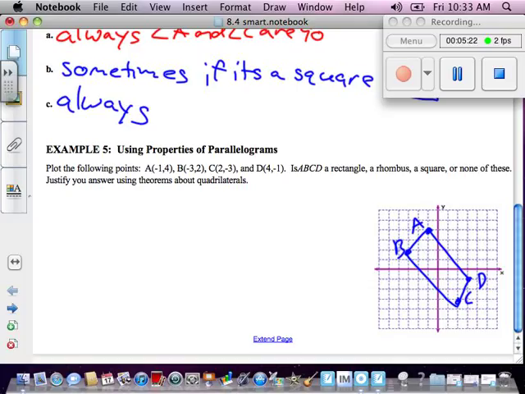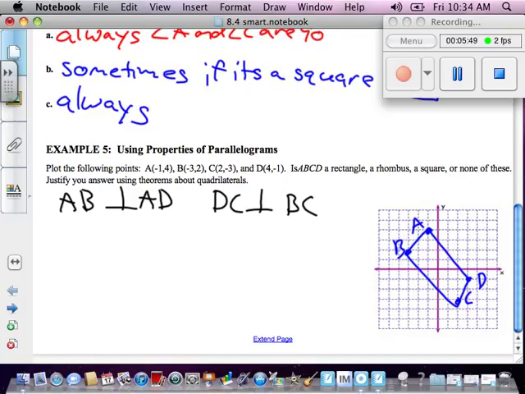You would prove that the sides were perpendicular. So we're going to figure out if AB is perpendicular to AD, and then if DC is perpendicular to BC. And to figure out if they're perpendicular, we find the what?